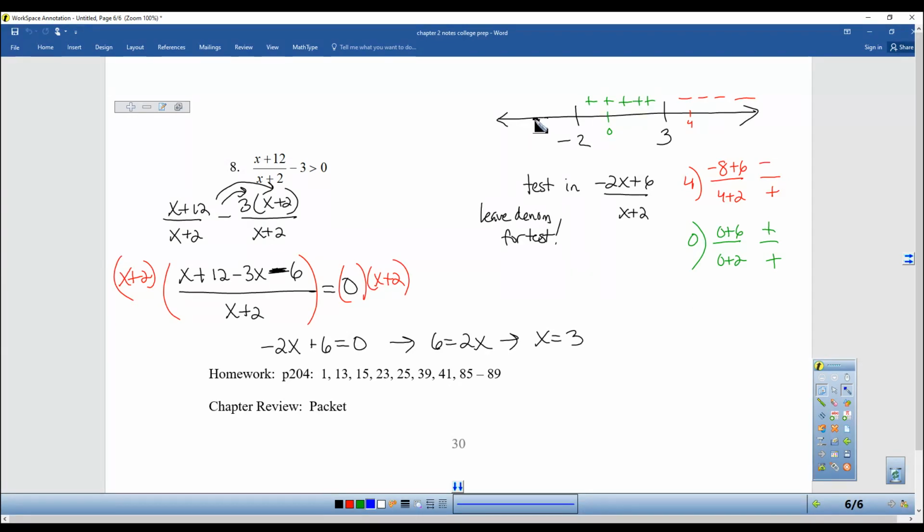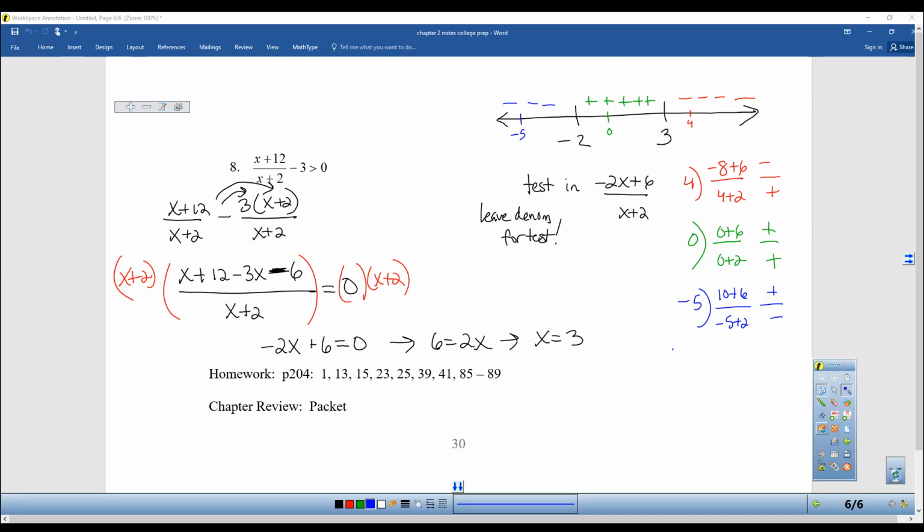And in the last section, I'll check negative 5, just to show you don't always have to check negative 3. Negative 5 times negative 2 is 10 plus 6, which is positive, over negative 5 plus 2, which is negative. So it does come out to be a negative number.